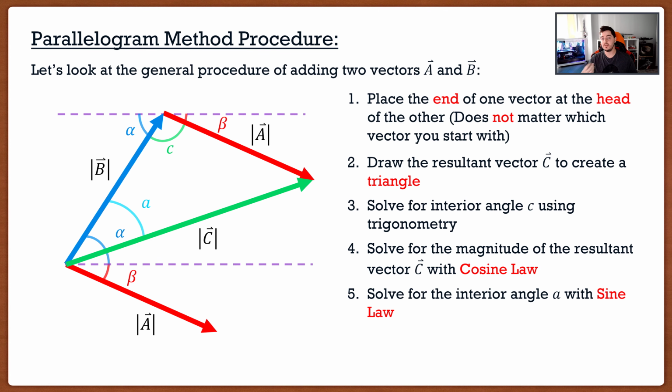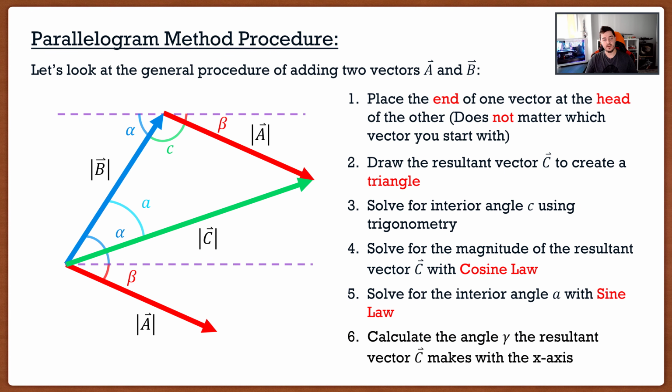In this case, we know the magnitude of C as well as interior angle C and the magnitude of A. Therefore, we can easily solve for that interior angle A. So at this point we have that light blue interior angle A. From there we can say, all right, if I know what alpha is and I know what A is, I can figure out this angle gamma, which is the angle that C makes with the horizontal axis.